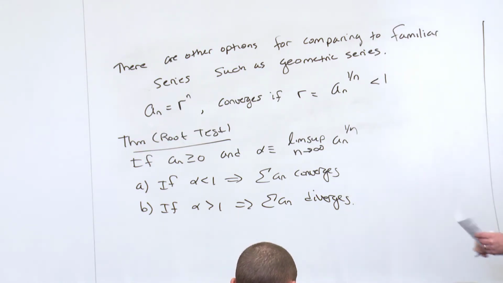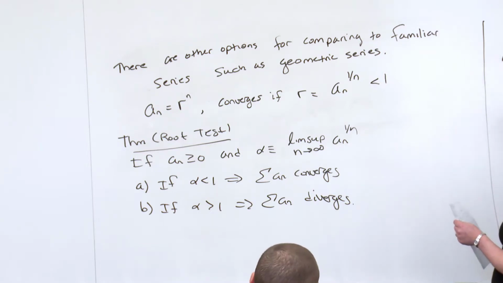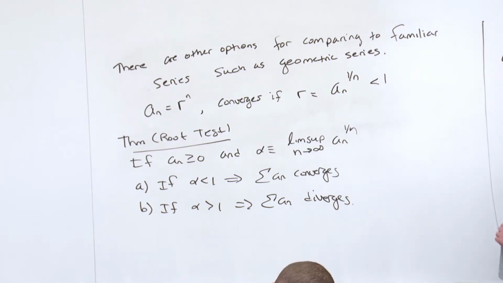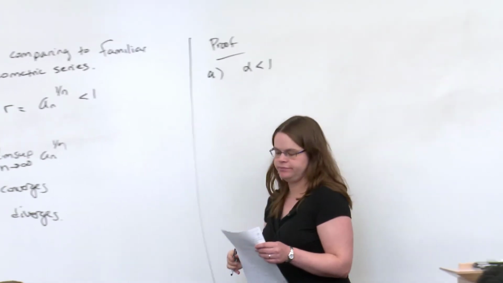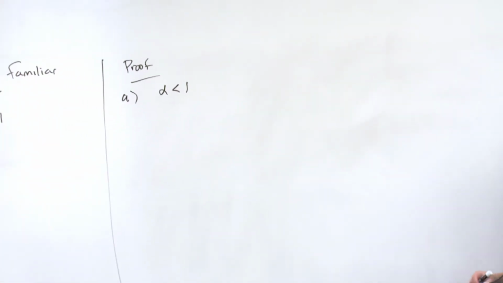Okay, so let's try to prove it. We have intuition already. The intuition comes from saying this is how the geometric series behaves. So let's see what we can do here. In part A, I have alpha less than 1. I'm going to pick my epsilon.